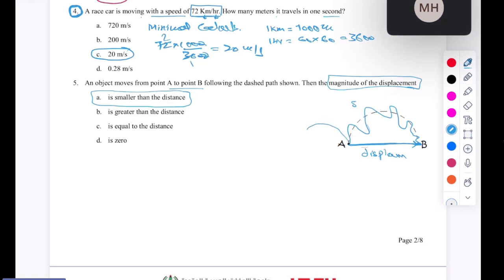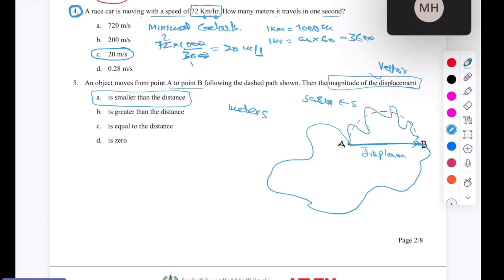It can go from here to B, and that is the distance covered, but the shortest distance between the two points is known as the displacement. Displacement is a vector quantity and distance is a scalar quantity. Both are measured in meters, but displacement has a direction, while a scalar doesn't have any direction, it requires only a number.